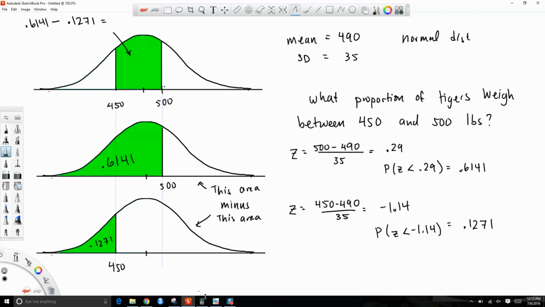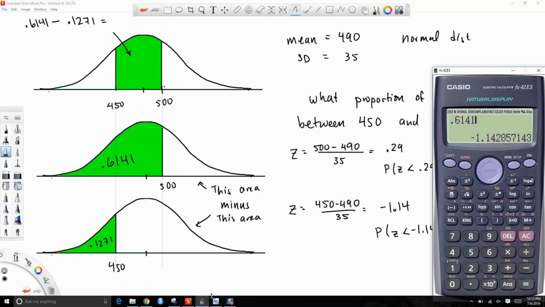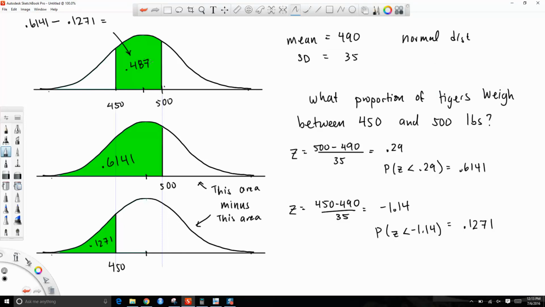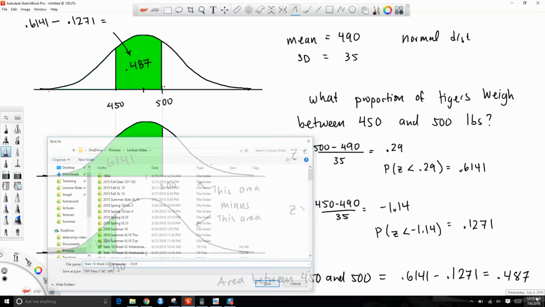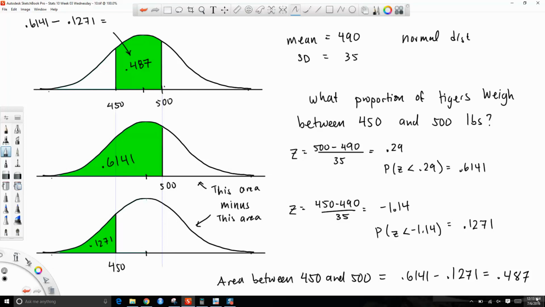And so the area in between, 0.6141 minus 0.1271, gives me 0.487. Questions? Or are we all good? Great.